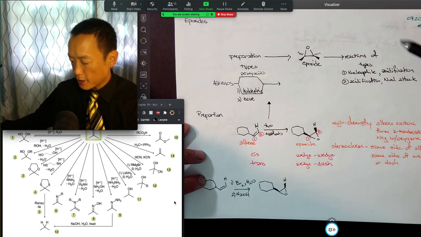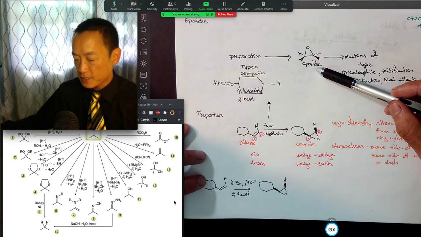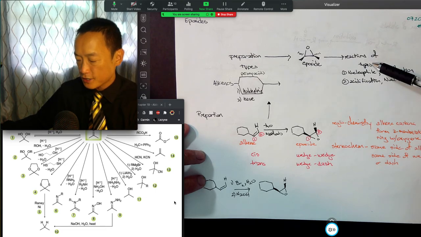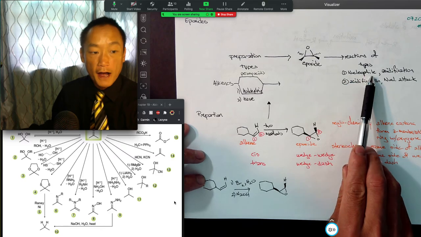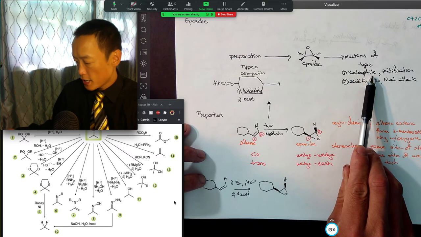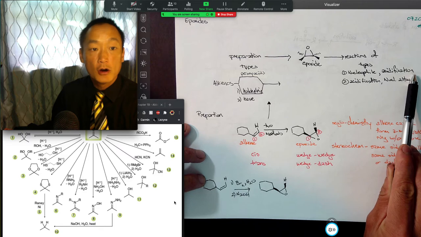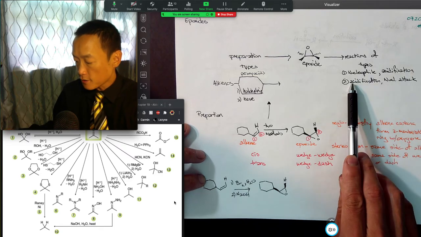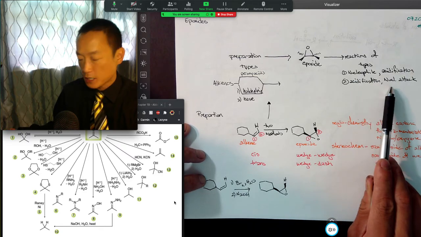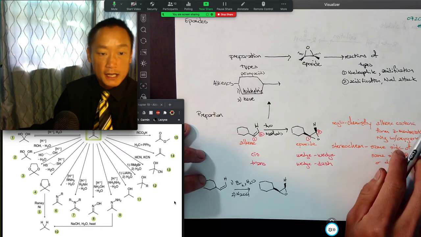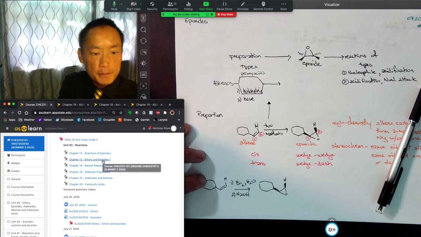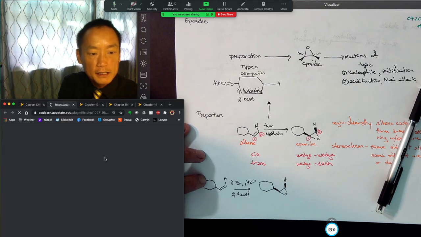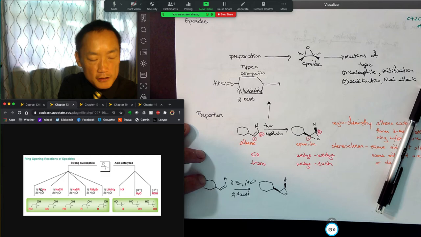We looked at epoxides, and we said there are really two types of reactions. Either you add the nucleophile first, and then you acidify, or you acidify, and then there's some type of nucleophilic attack. And when we looked at the differentiating factors for ethers and epoxides, here's 1 and 2.